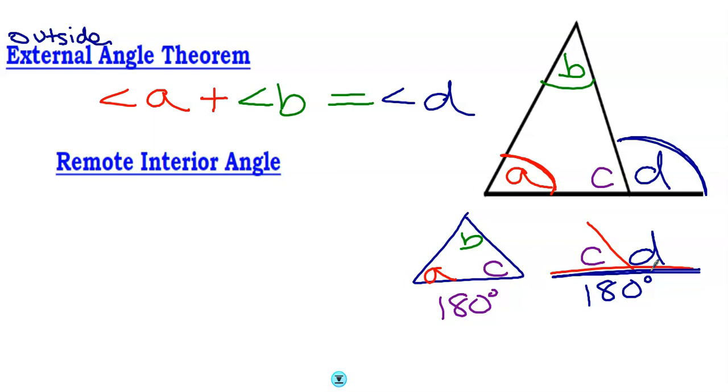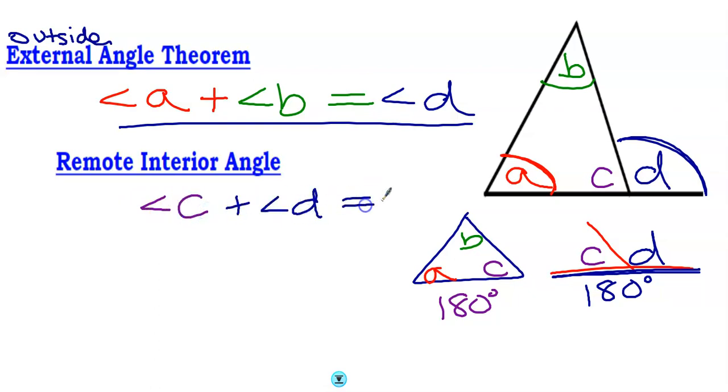So the combination of those make this relationship happen. A plus B equals D. The remote interior angle is this one right here, which is angle C. Angle C plus angle D equal 180 degrees. Okay? So we could kind of make this combination.